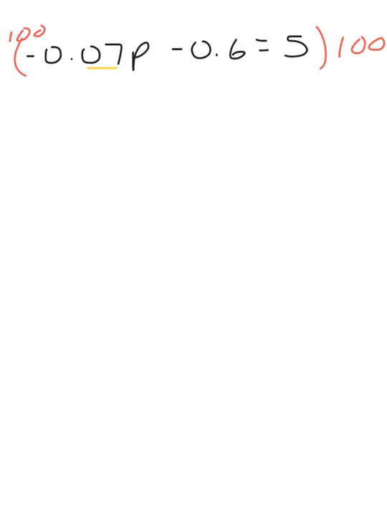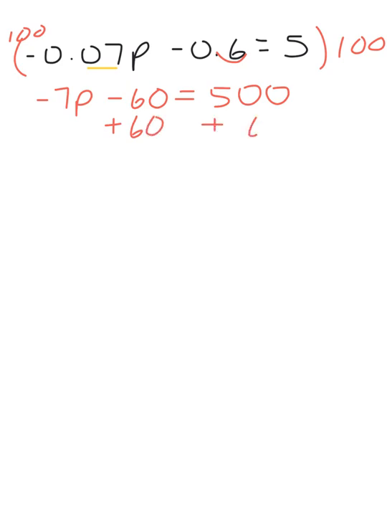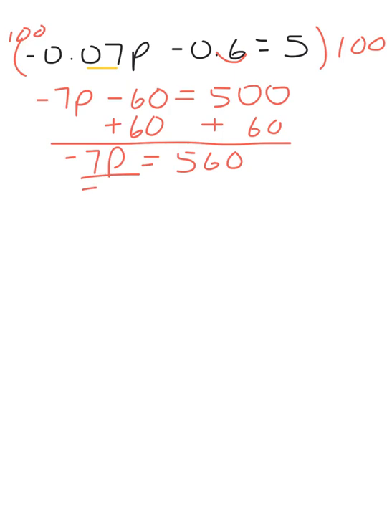So we're going to end up with negative 7p minus, moving this twice, 60 equals 500. Let's add 60 to both sides. We have negative 7p equals 560. If you divide by negative 7, you have p is negative 80.